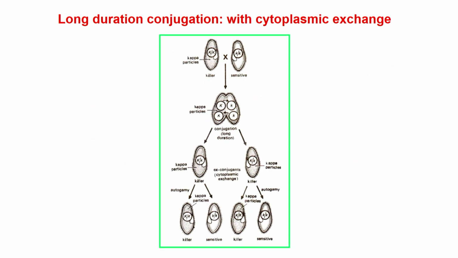In the next condition, when there is a long duration conjugation, you have cytoplasmic exchange हो जा रहा है. तो यहाँ पर अब क्या हो रहा है, जब cytoplasmic exchange हो जा रहा है, इसमें भी वो कप्पा पार्टिकल्स आ जा रहे हैं, इस वाले सेल में भी कप्पा पार्टिकल्स यहाँ से यहाँ पर ट्रांसफ़र हो जा रहे हैं. तो जब कप्पा पार्टिकल्स यहाँ से इधर ट्रांसफ़र हो जाते हैं तो जीनोटाइप इज हेट्रोजाइगस. ओके, over here kappa particles are now in both because there is cytoplasmic exchange.